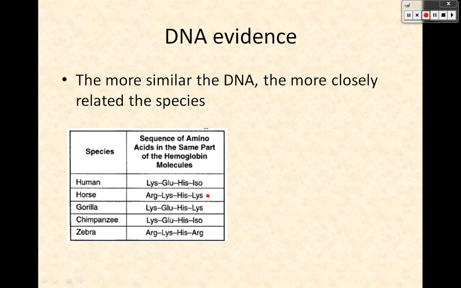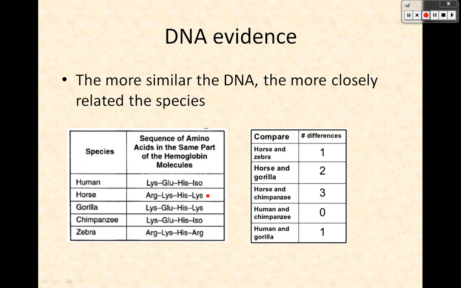But go ahead and pause the video and take a second to just see if you can tell based on this which animals are most closely related and which are least closely related. So if you compare them, you can see that, for example, the human here and the chimpanzee here have no differences in this section of their hemoglobin.